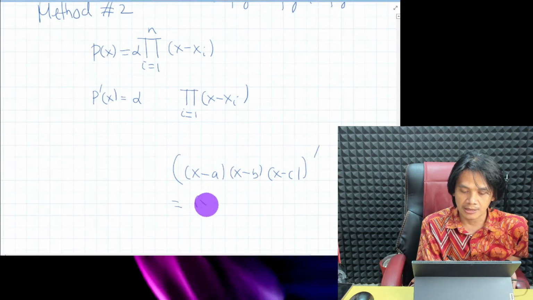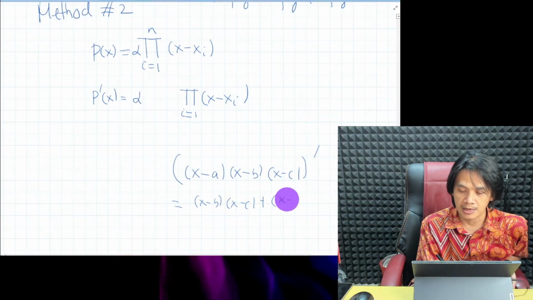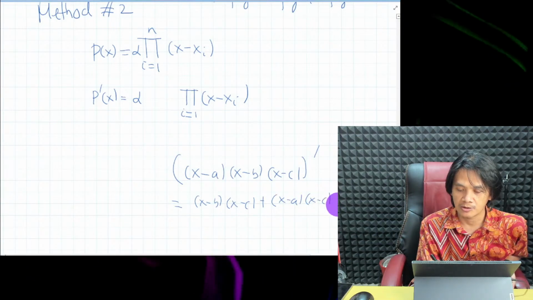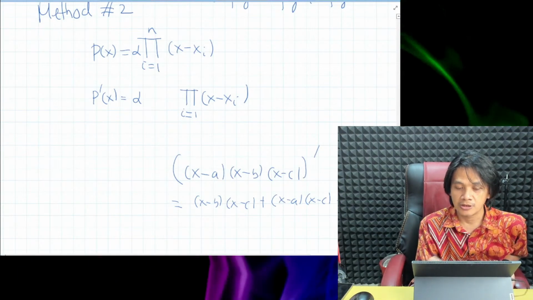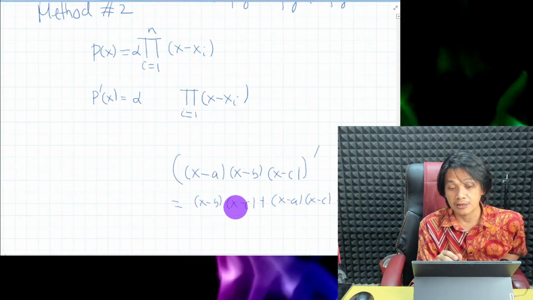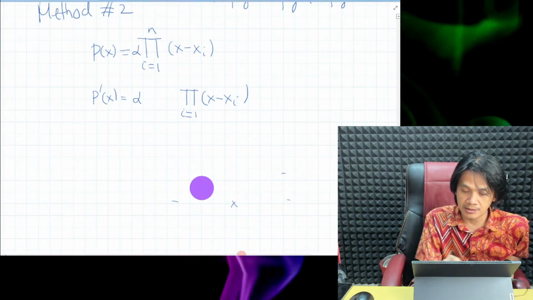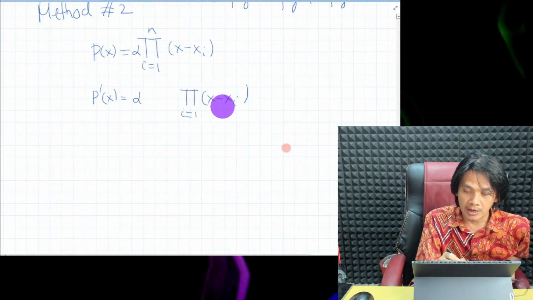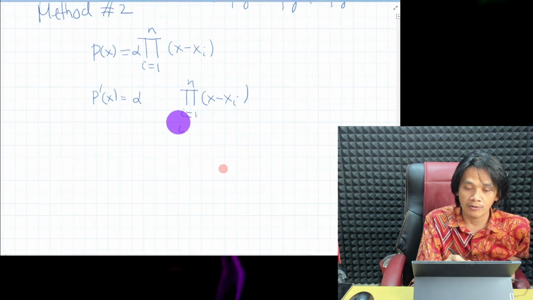So it's going to be x minus b, x minus c, and then the next one is x minus a, x minus c, and the next one is x minus a, x minus b. Okay, so it is a product but with fewer terms, right?